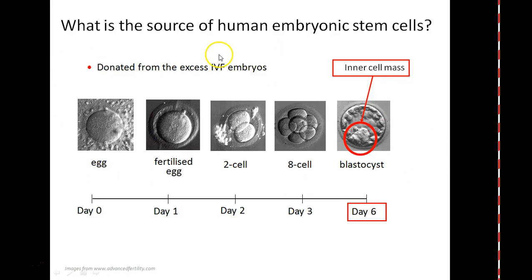And typically, in this process, there is quite a large excess of those embryos, so they will be frozen. If they are not used for the pregnancy, they will be frozen and kept in liquid nitrogen either forever, or the couple can decide to donate them for research. And some people decide they want to donate those embryos for research, so researchers can work with those cells.